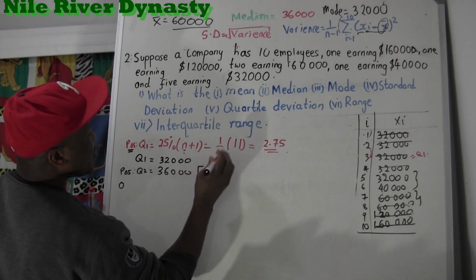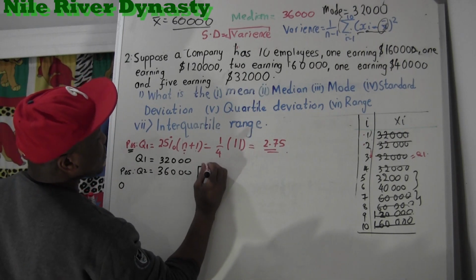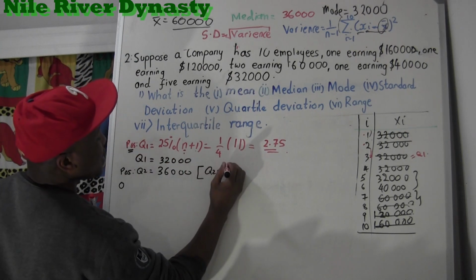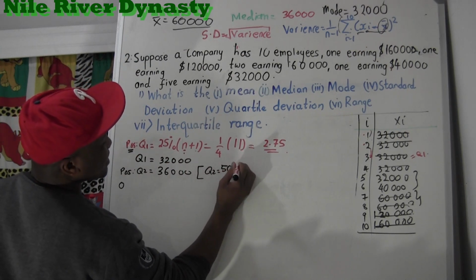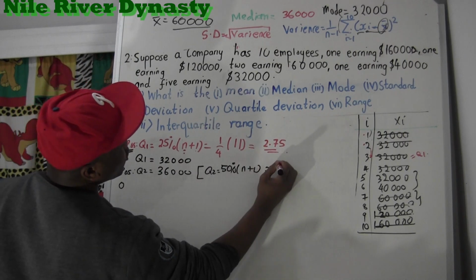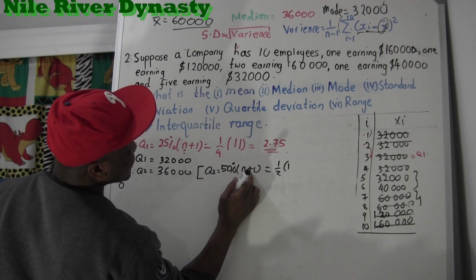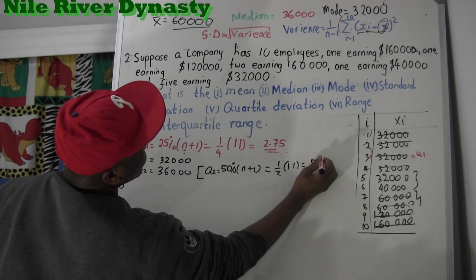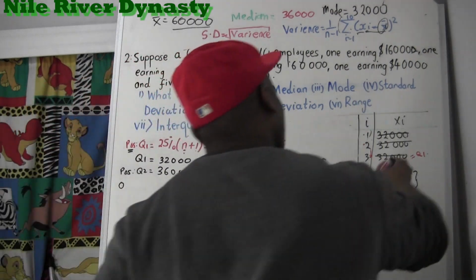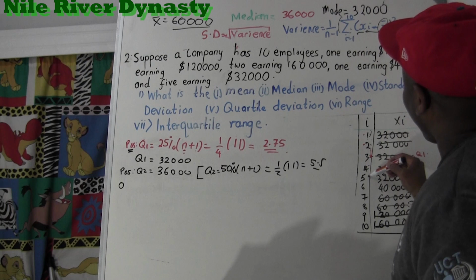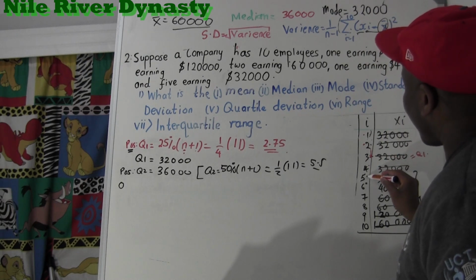If you want to calculate it, you can just calculate it as I said. Quartile 2 is the 50th percentile, n plus 1, which equals 1 over 2, because 50% is 50 over 100, which is 1 over 2, and n is 10, so 10 plus 1 equals 11. This is 5.5, somewhere between the fifth and sixth numbers, in the middle of these two numbers.